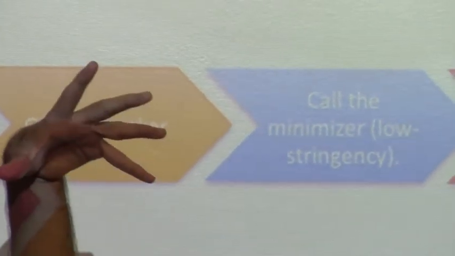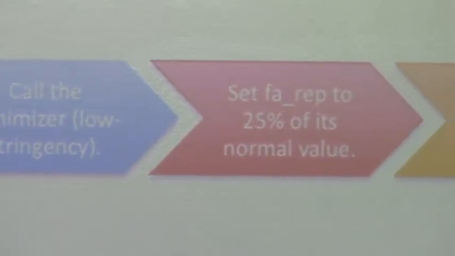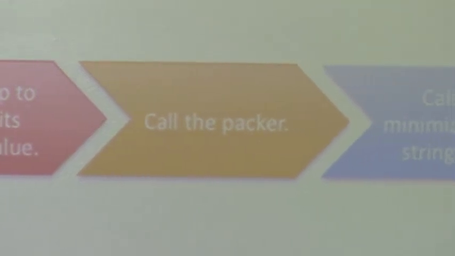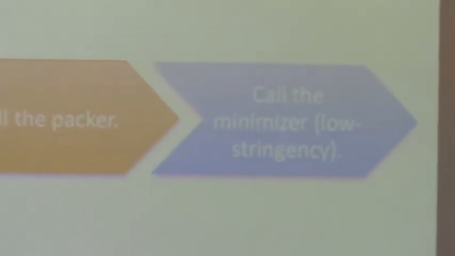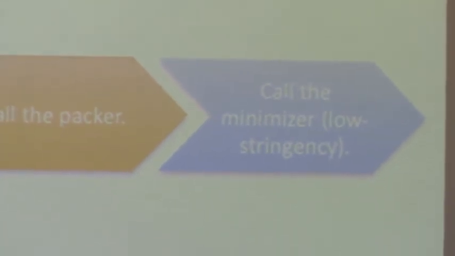What this does is effectively smooths out the energy landscape a little bit, so that some of the local minima that were blocking us before are much smaller, and rolling downhill is likely to take us further towards the global minimum. So I set the repulsive term to 2% of its normal value.